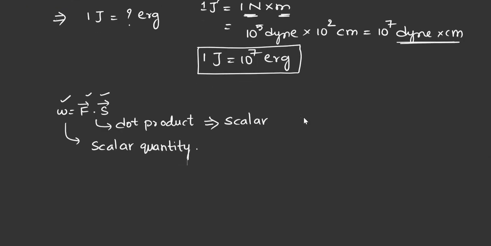Let's quickly revise what we have learned till now. First, we understood work done on a body depends only on two things: force and displacement. As it directly depends on force and displacement, it can be written as the product of force and displacement. The more general formula of work done is F bar dot S bar, which is equal to Fs cos theta.